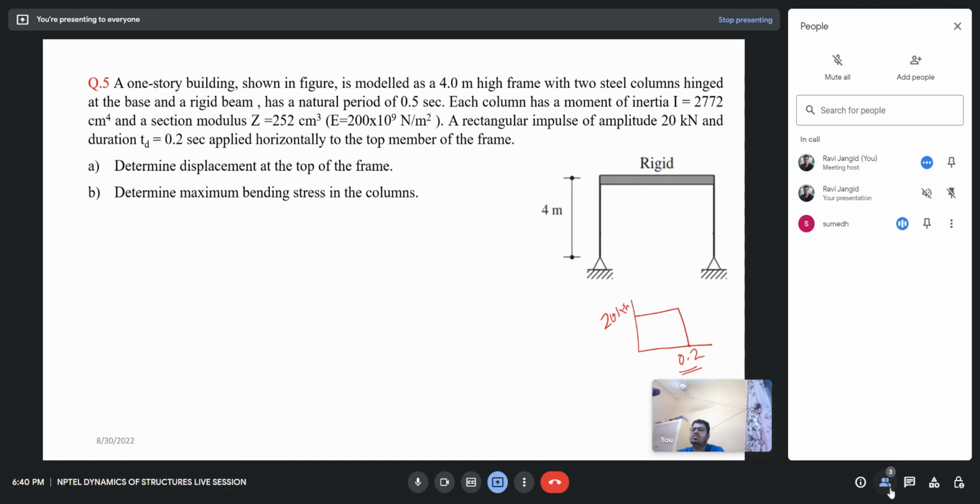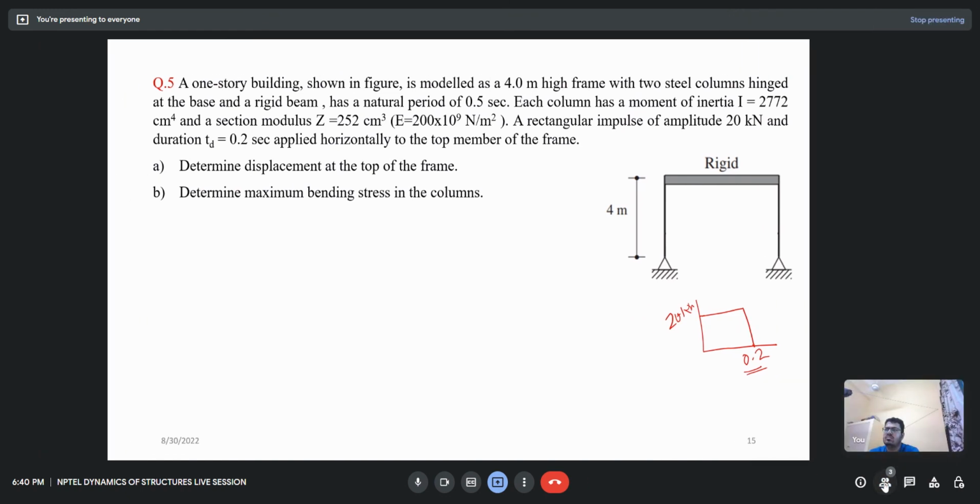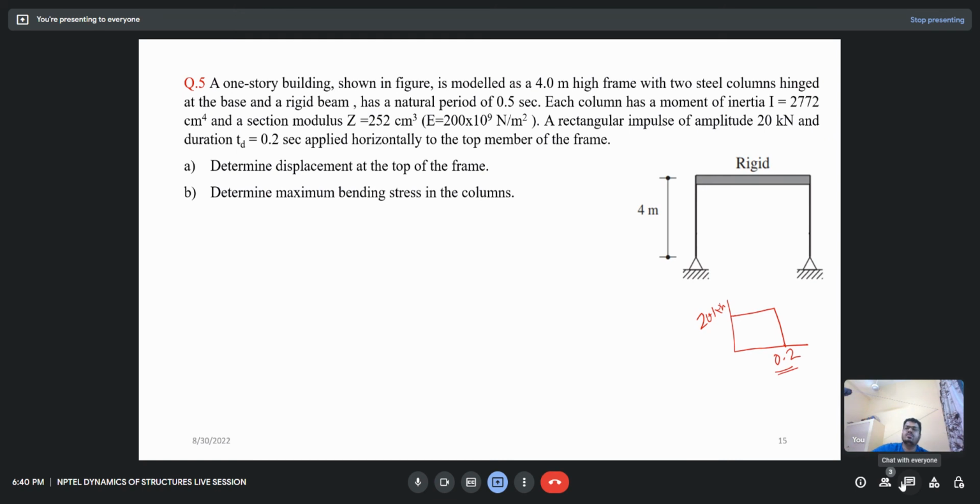You can write in the chat box if you have any queries. I am in travel. You are not audible, Sumit. If you have any doubt or anything else, you can type in the chat box.